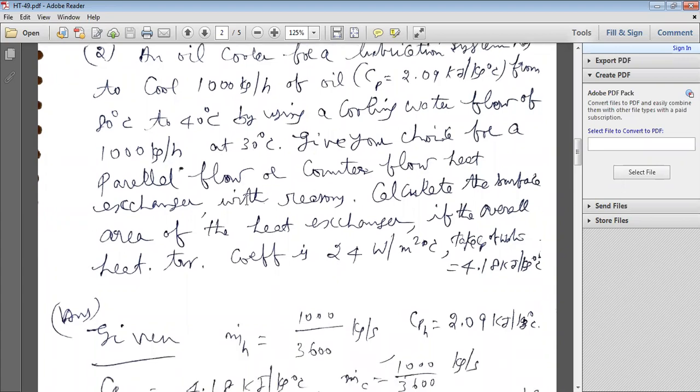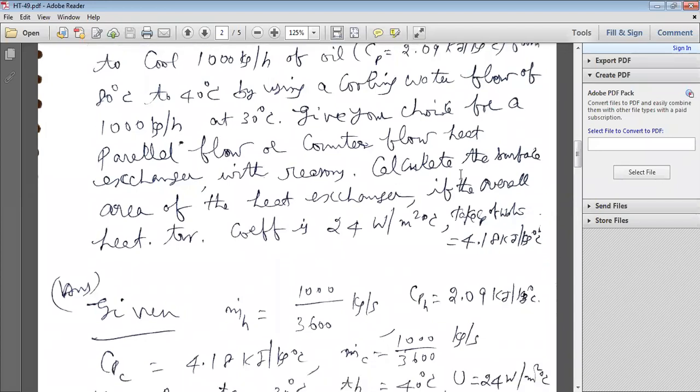Give your choice for a parallel flow or counter flow heat exchanger with the reasons. Sometimes in the problem, you have to analyze and give which type of heat exchanger is required for the given conditions, whether parallel flow is the advantage or counter flow is the advantage. After giving the suggestion, calculate the surface area of the heat exchanger.